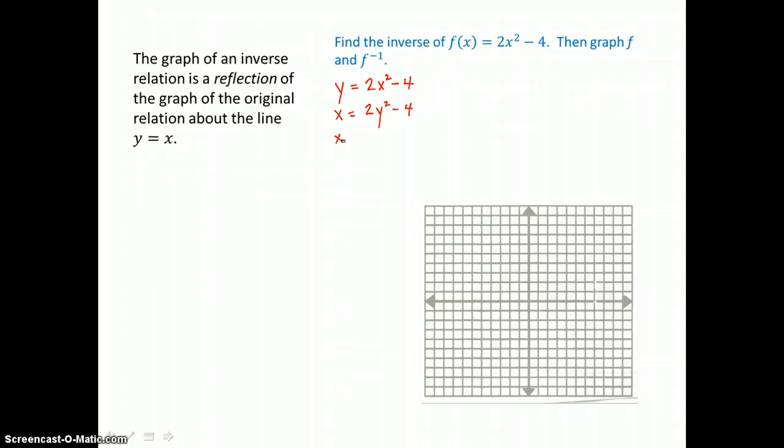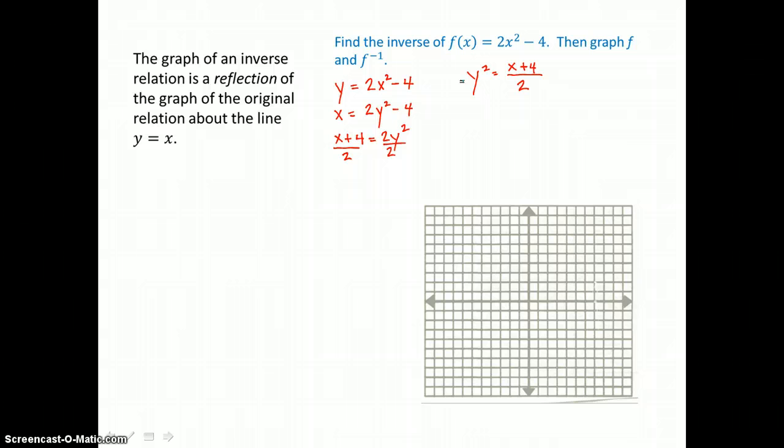So I'll add 4 to both sides to get our y term alone, and divide both sides by 2 to undo the multiplication. So y squared is equal to x plus 4 over 2.